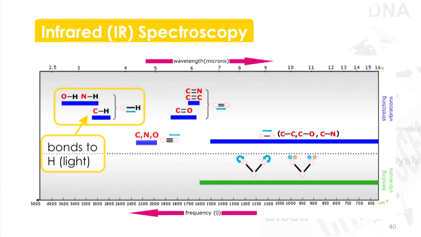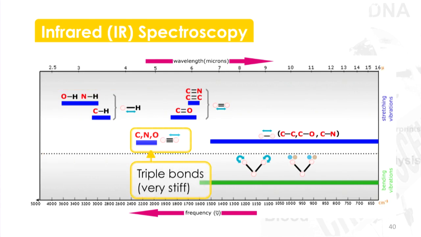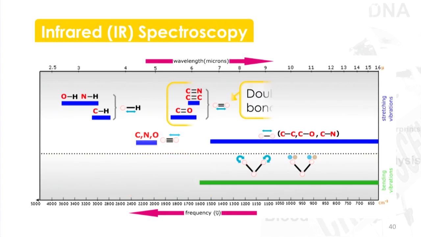The stiffest bonds, the triple bonds, whether between carbons or nitrogens or oxygens, are all in roughly the same place, at approximately 2,000 wave numbers. Not quite so stiff are the double bonds, carbon-oxygen, carbon-carbon, and carbon-nitrogen double bonds, and these are all grouped around 1,600 to 1,800 wave numbers.